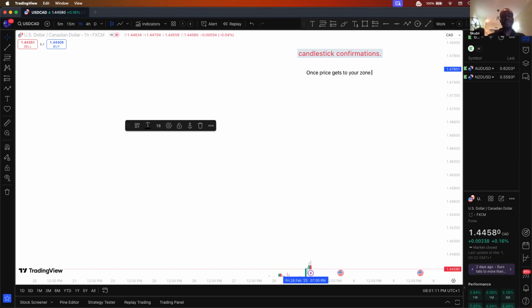So once price gets there, you drop to your entry time frame to look for a reversal candlestick.